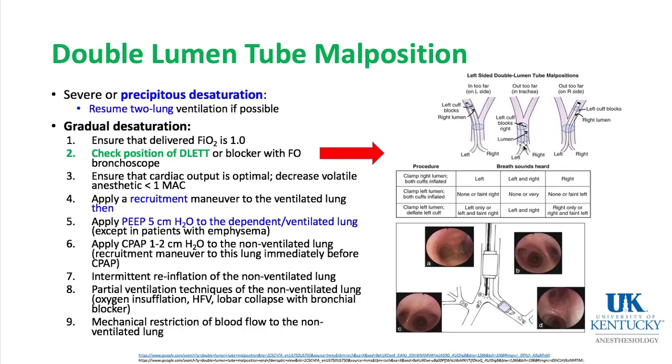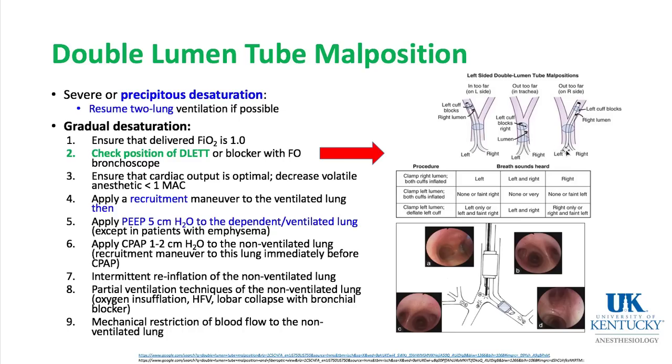If the tube didn't go down too far, let's say it's at 25 centimeters of depth, and you didn't realize it, and you had this double lumen tube sitting in the mid-trachea, and you tried to ventilate through the right side with the left clamped, you could see that it would be very difficult to get any air to go anywhere, because it's likely that the bronchial cuff would obstruct the trachea.